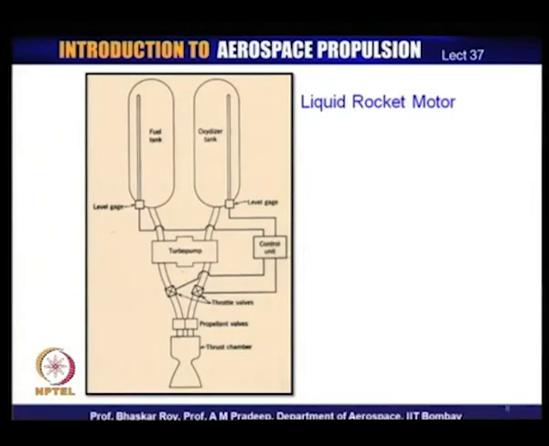It is therefore necessary that one uses a liquid rocket engine only when the rocket itself is rather big in size. Smaller rockets normally may use solid propellants, which we shall be discussing a little later.